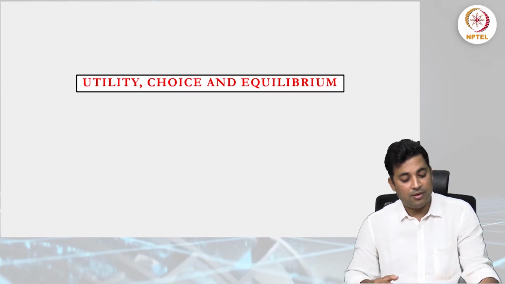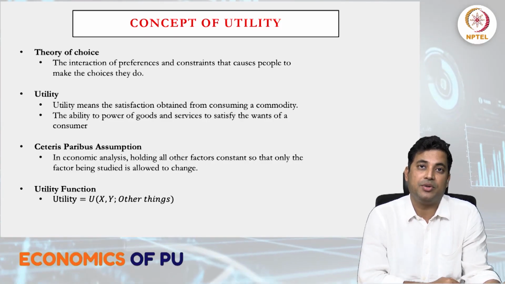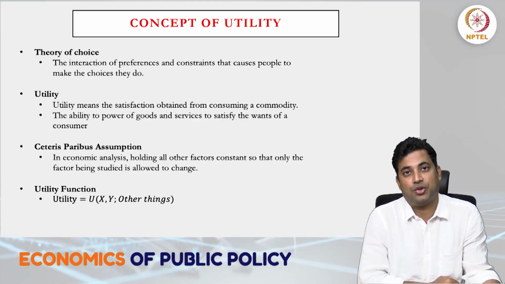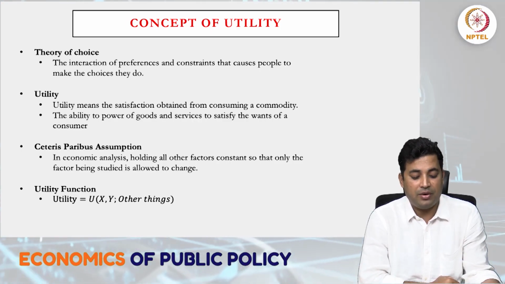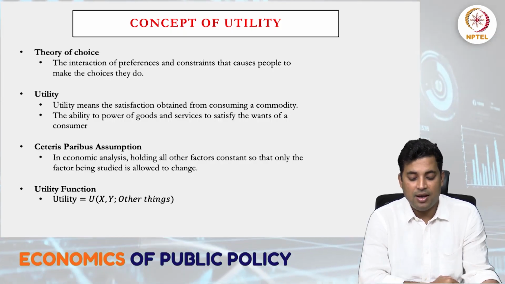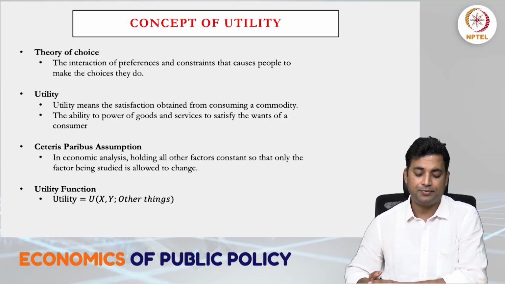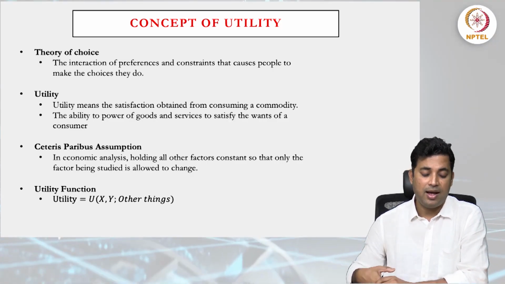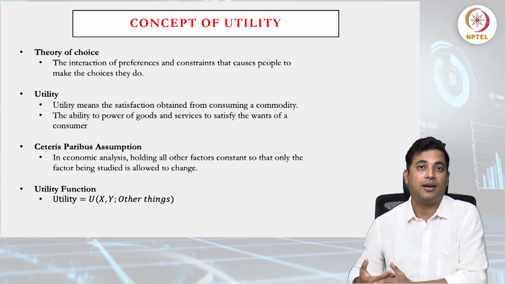So let's begin with the concept of utility, how we understand utility. Before getting into utility, let's talk about what choice is. In the theory of choice, it is all about the interaction of preferences and the constraints that we have. As we already discussed, resources are constrained and our wants are unlimited.